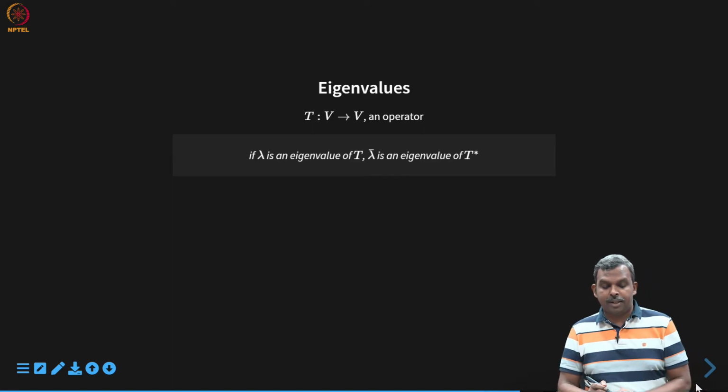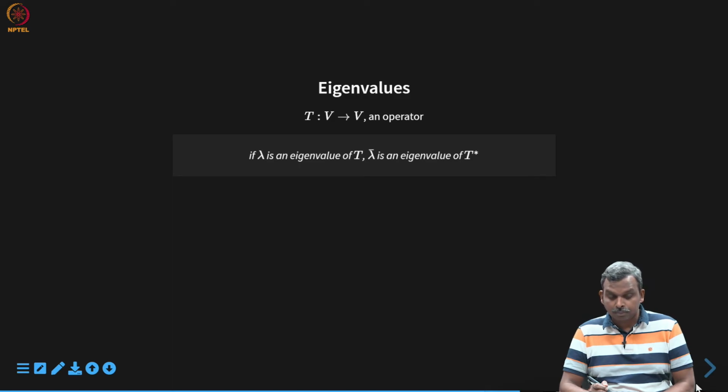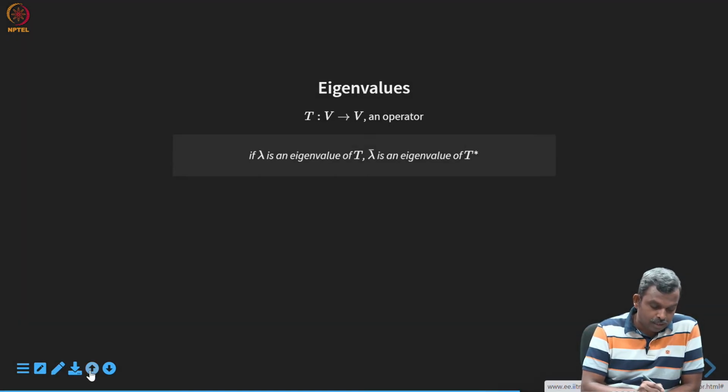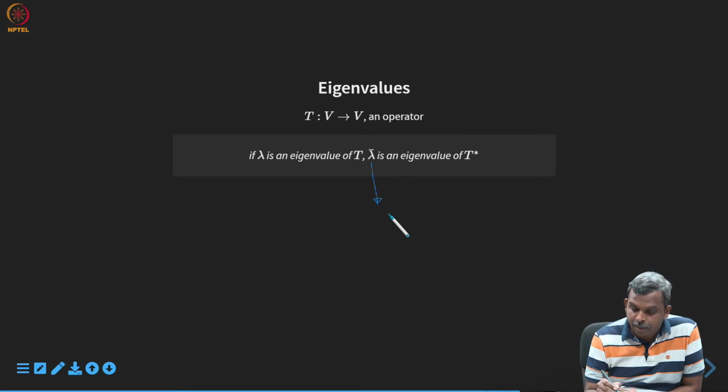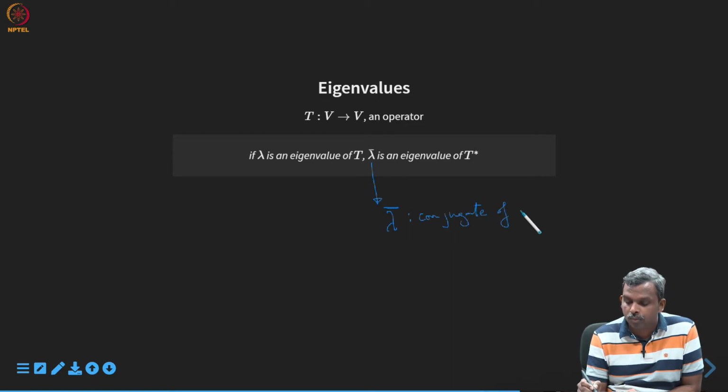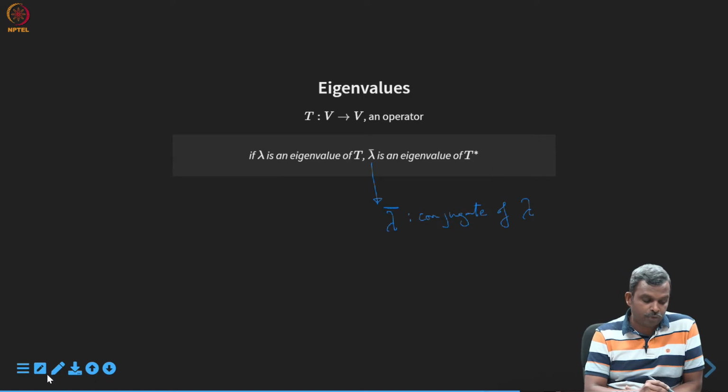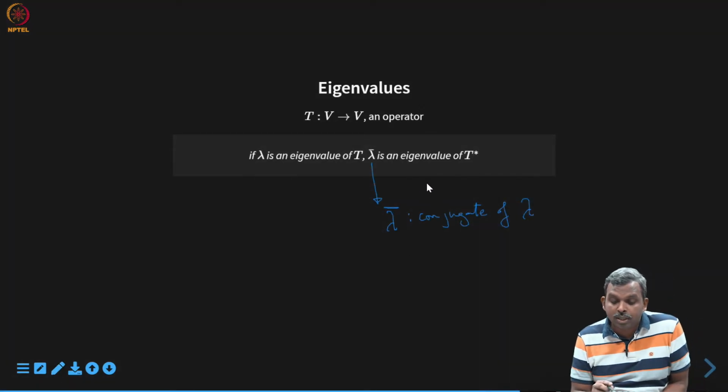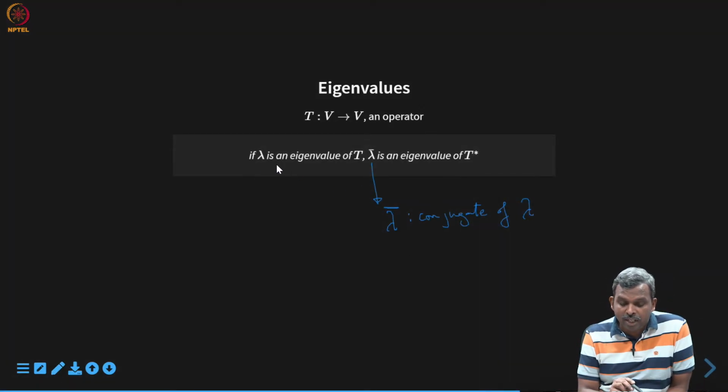If T is an operator in an inner product space, and lambda is an eigenvalue of T, then lambda bar, the complex conjugate of lambda, is an eigenvalue of T star. This is a very simple and elegant result relating the eigenvalues of the operator and its adjoint.